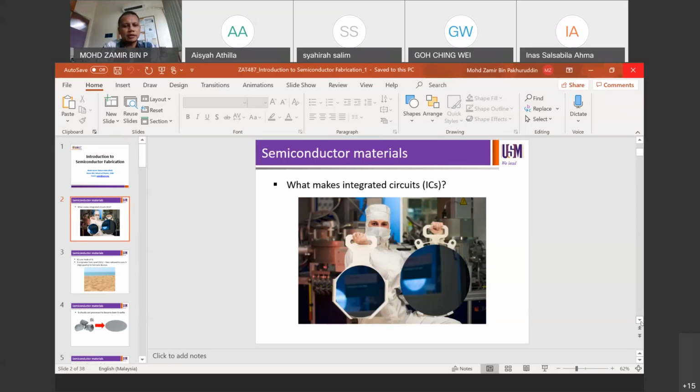So can you guess what's the diameter of the two wafers? From the image, can you guess what's the diameter? Any magic number for the left, for the right one? Anyone knows what's the diameter of the two wafers?